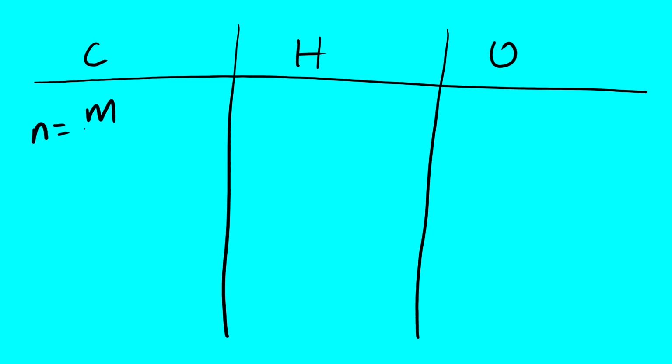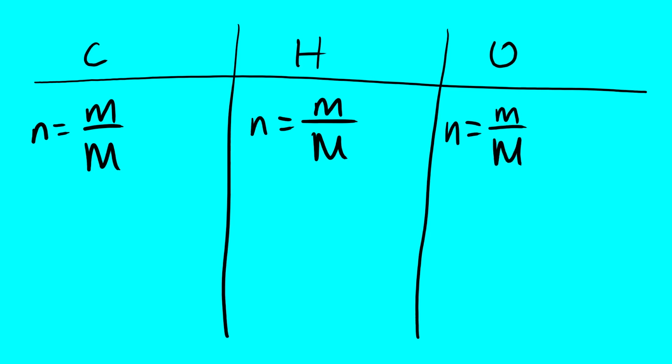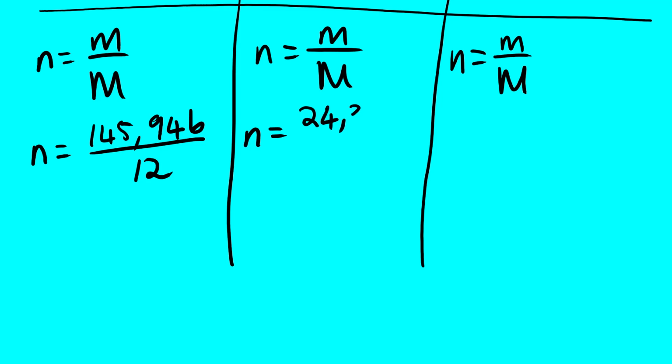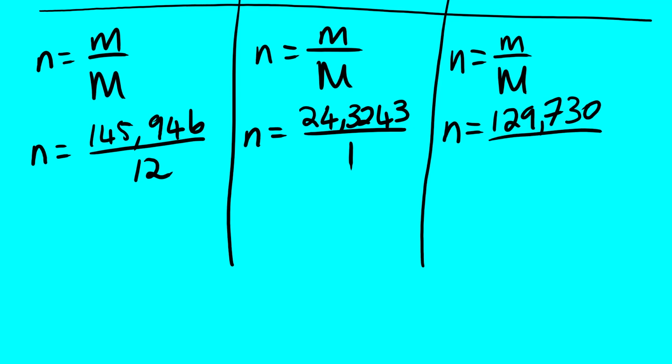Number of moles is small m over big M. For carbon, we have 145.946 divided by 12. For hydrogen, we have 24.3243 over 1. For oxygen, 129.730 divided by 16.